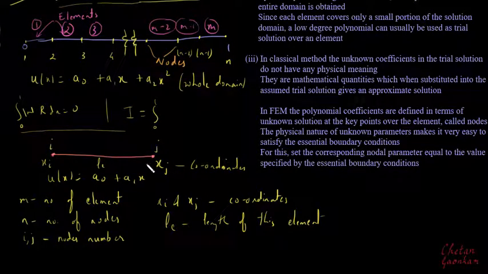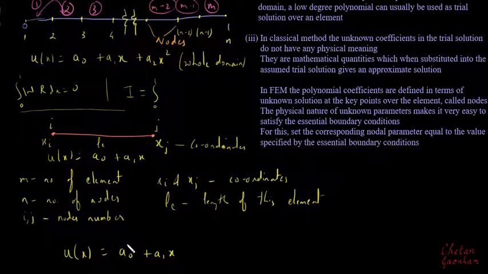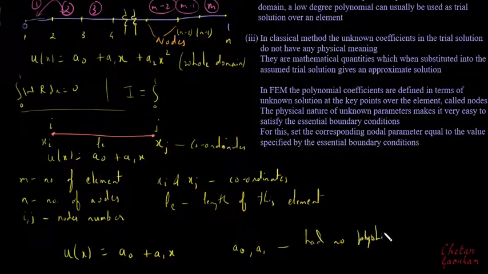The second difference again lies in this approximate solution itself. In case of classical approximate method, we were choosing the trial function in such a way that it had some unknown parameters like a0, a1, and these parameters had no physical meaning as such.